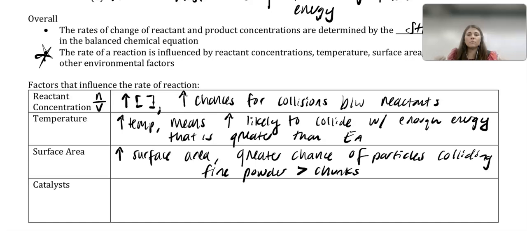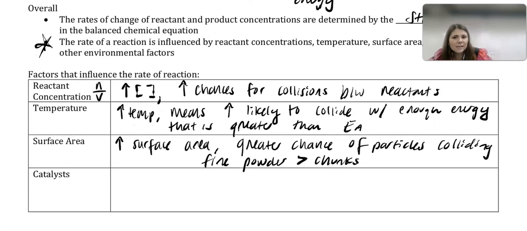A finer powder actually increases surface area compared to chunks of that same species. Because if you had a big chunk, only the outside of the chunk is actually being reacted. Whatever is in the core or inside isn't being reacted until you start getting that outside and working your way in. And then lastly, catalyst.